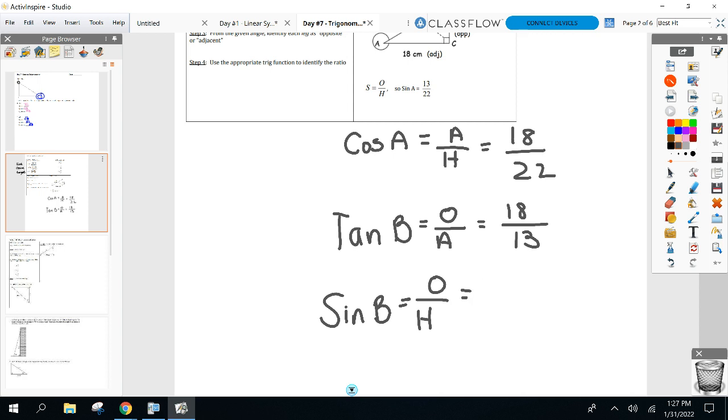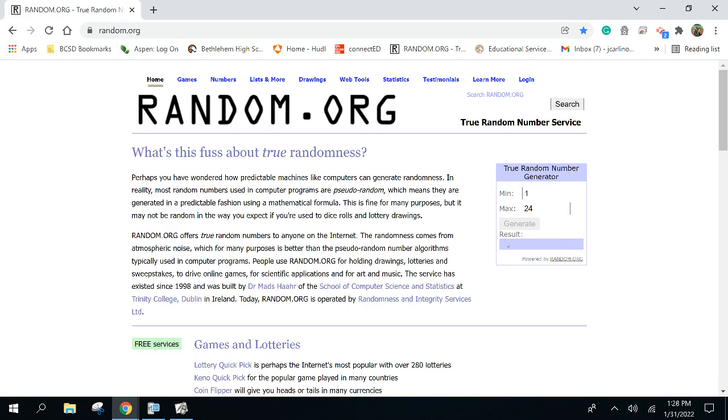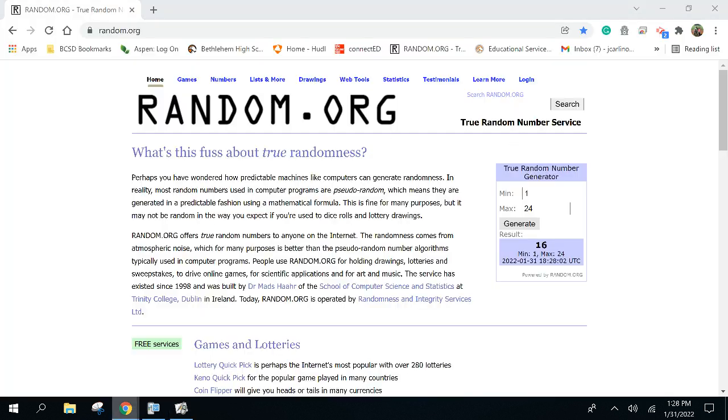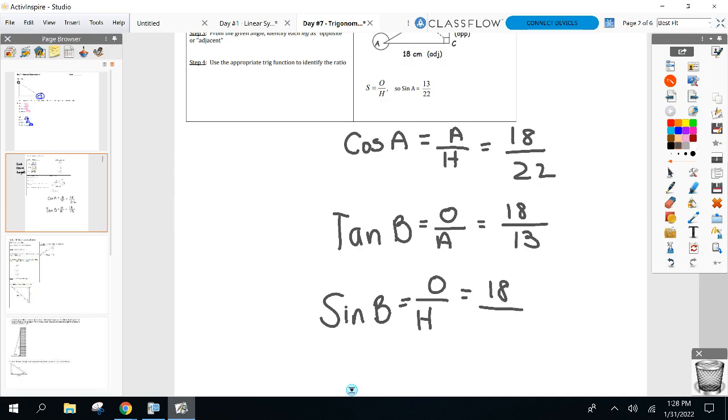What's the side opposite B? 16 again. 18 over hypotenuse. 22. All right, there you go.